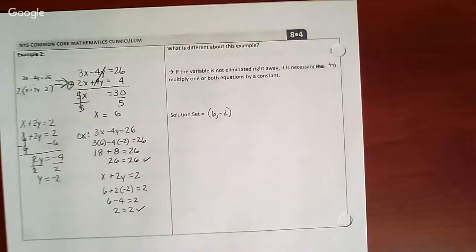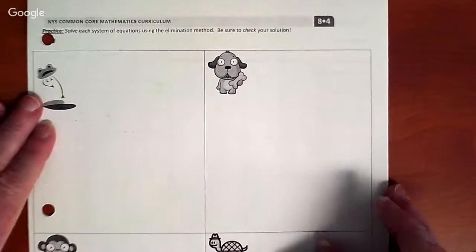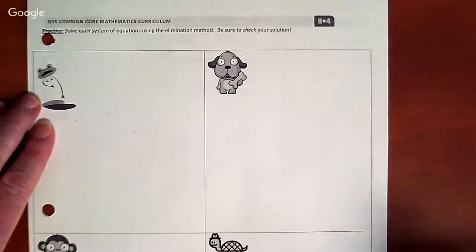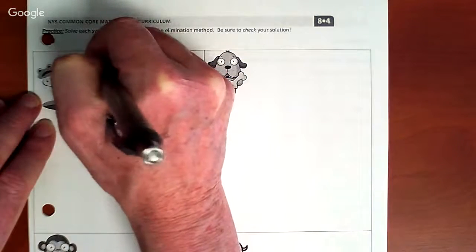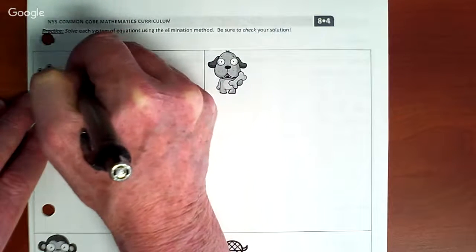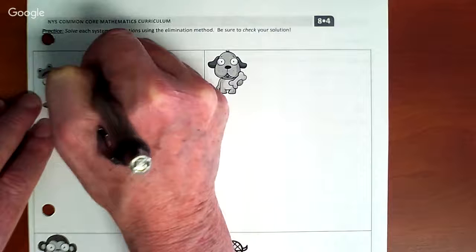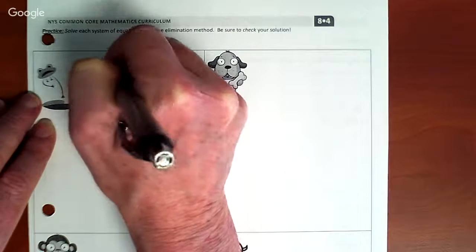All right, next, for practice, we have some equations that I'm going to put on the board in class. They are the following: x plus y equals 1, negative x plus 3y equals 9.